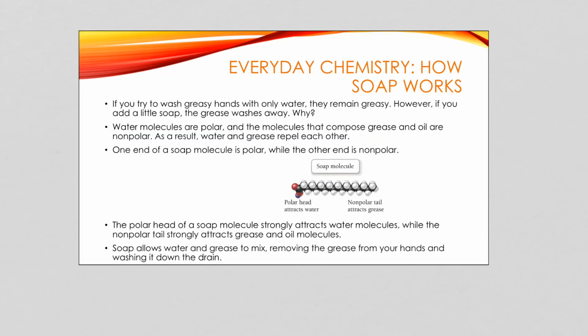One example of this from everyday life is the idea of how soap works. So we've all used soap, and soap does a very good job of getting rid of oil and grease and grime, whether it's out of our hair or off our hands, etc. And so how is that possible? So we've just said that water and oil don't mix.